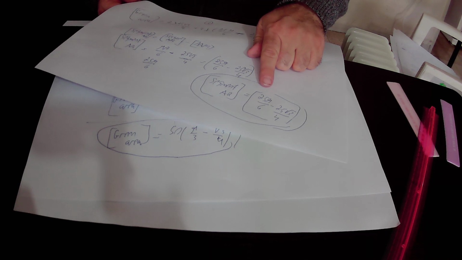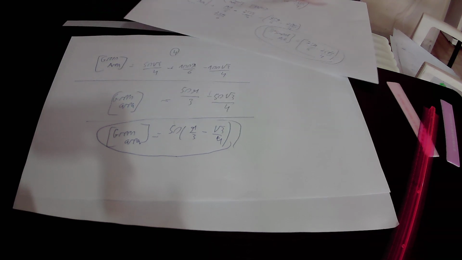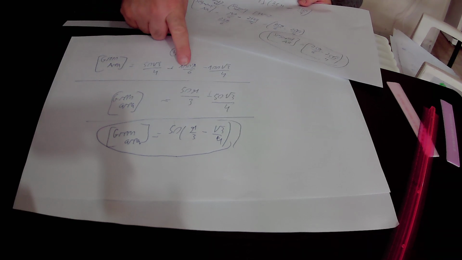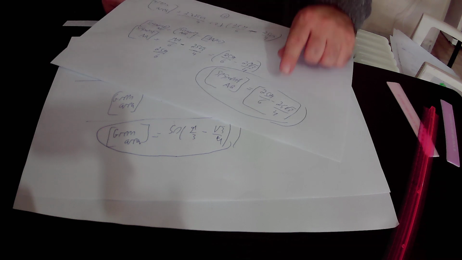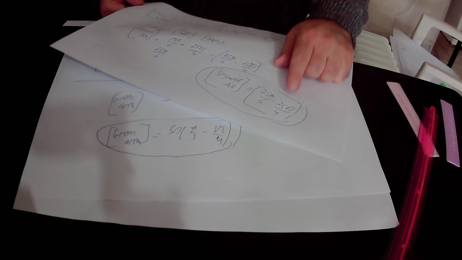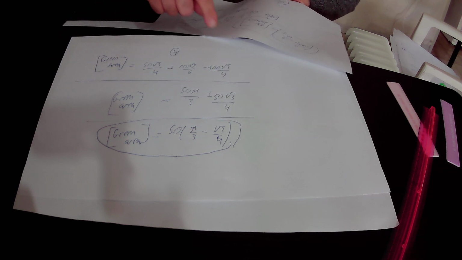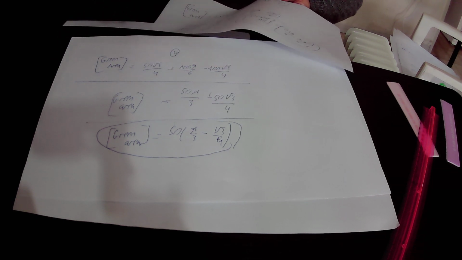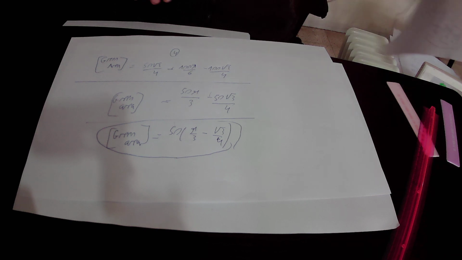And 4 times the area of segment AQ is 4 times 25, which is 100 times pi over 6, minus 4 times 25, which is minus 100 times square root of 3 over 4. This is the green area.